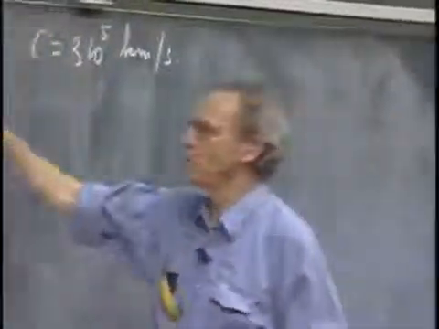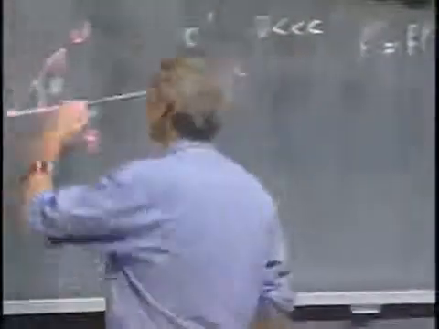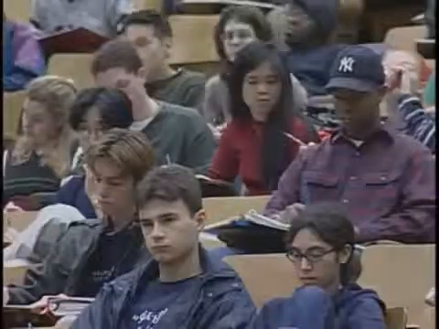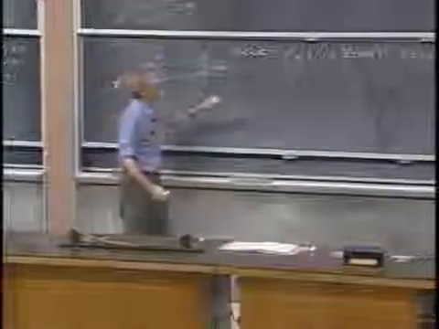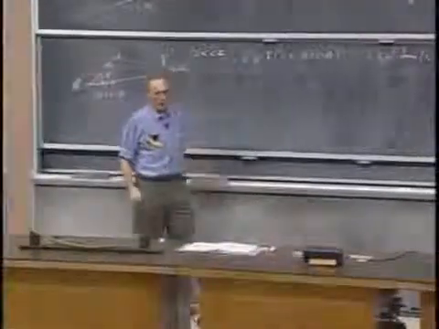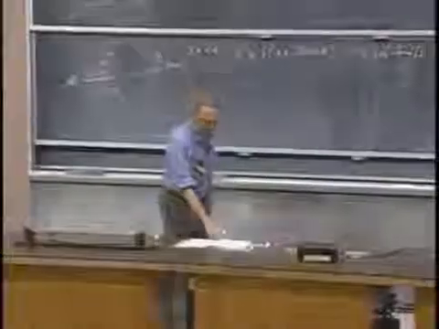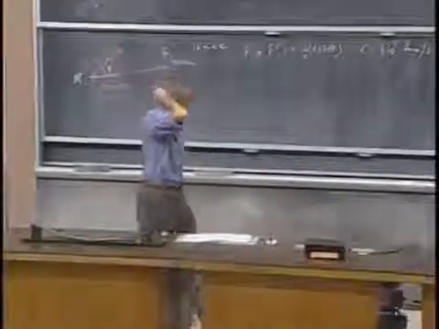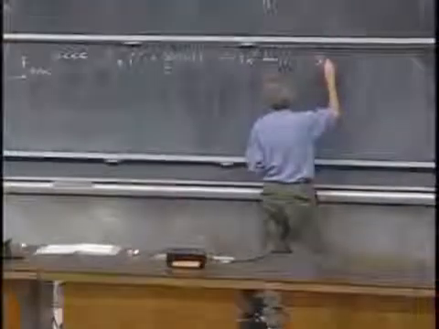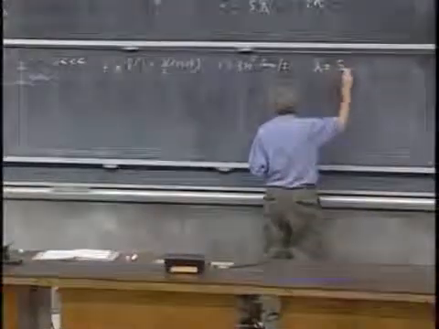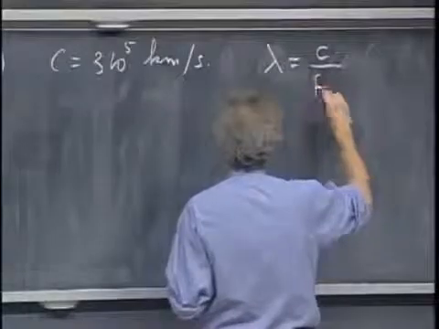If cosine theta is positive, the object is approaching, and you observe a higher frequency. If cosine theta is negative, the object is going away, the radial component is away from us, and the frequency is lower. In optical astronomy, we cannot measure frequencies, we can only measure wavelength. And the connection between wavelength and frequency is lambda equals the speed of light divided by the frequency.